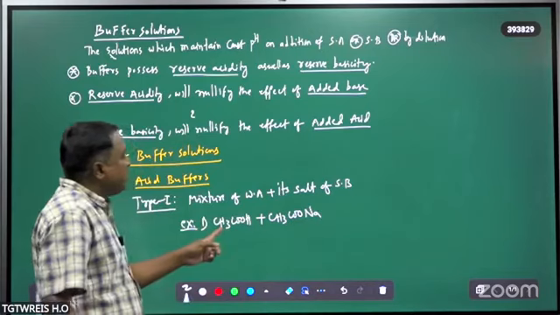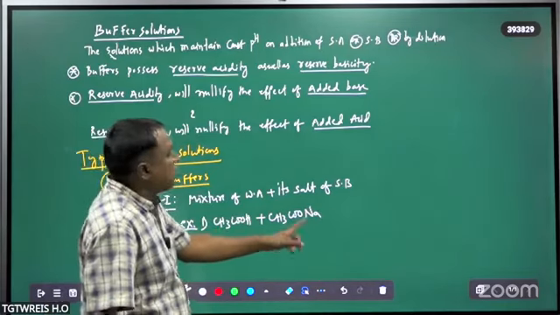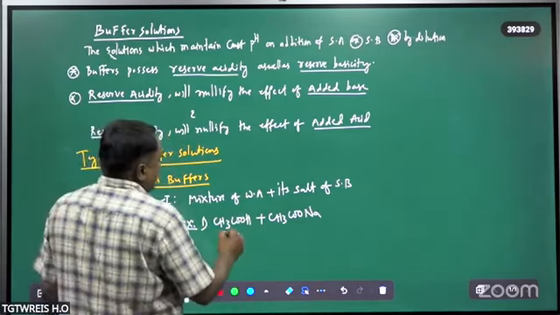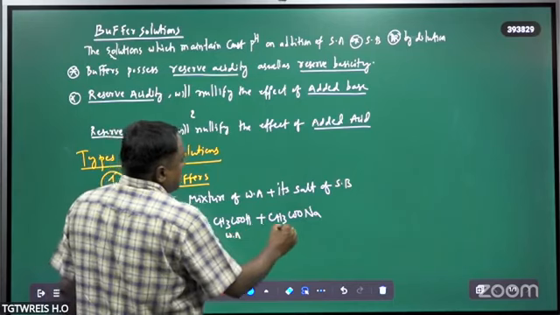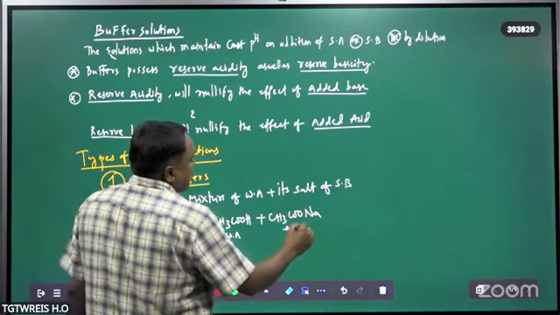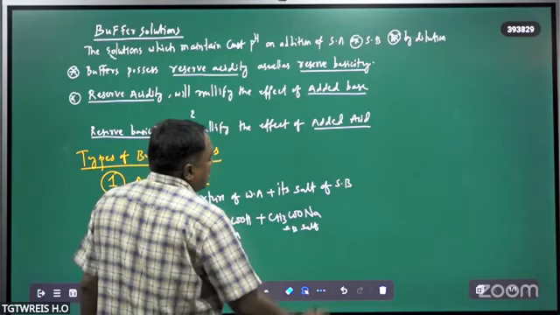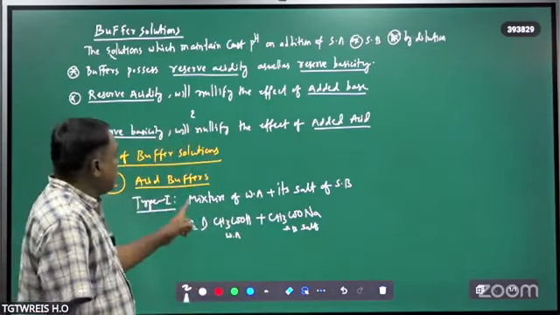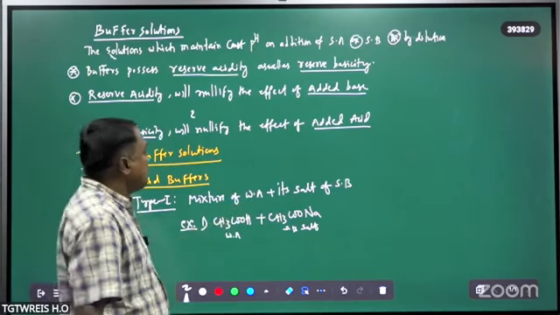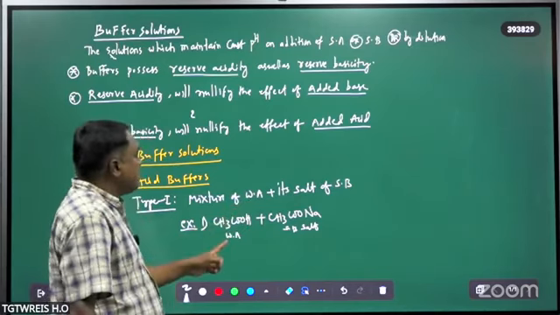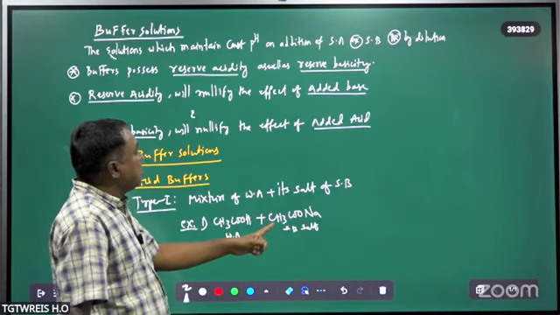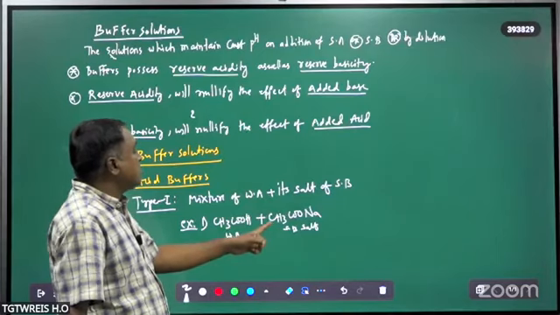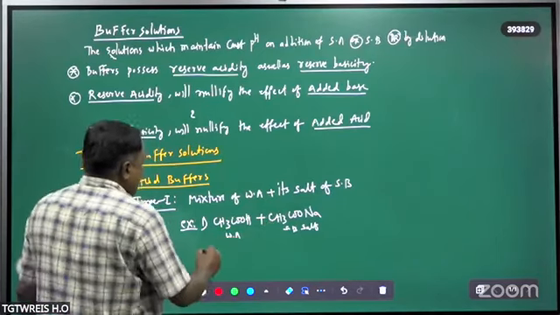This is the weak acid and it is the salt of strong base. Acting as what na, acid buffer. Mixture of weak acid and its salt of strong base. Example, weak acid is CH3COOH and salt of its strong base is CH3COONa.